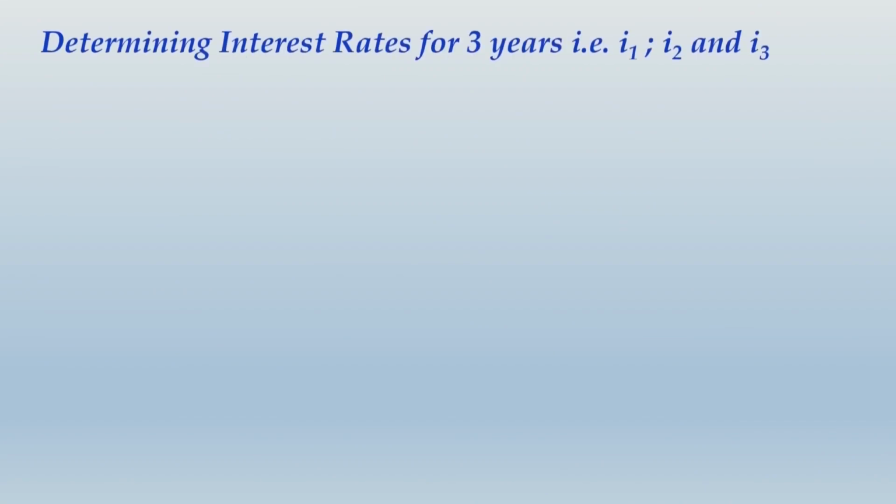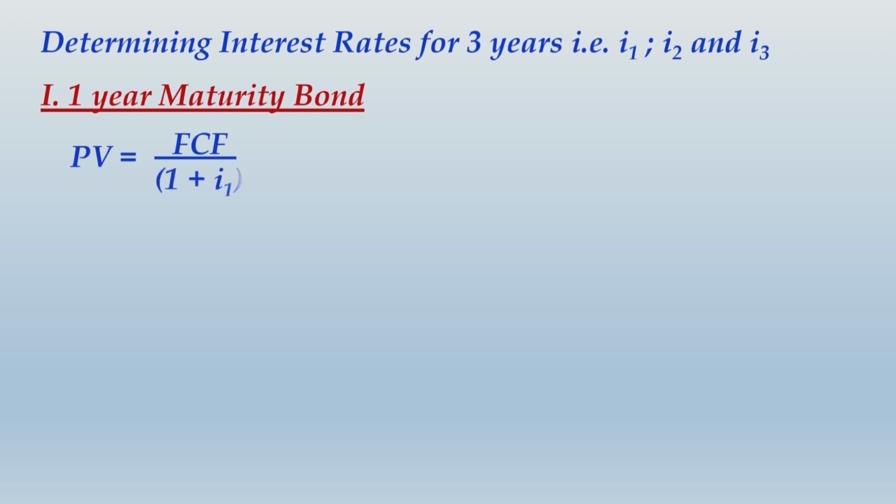In the solution, you will be finding the 3 years' different rates as I1, I2 and I3. So as I said, you will take the 1 year maturity bond first. As per the bond valuation concept, the present value is nothing but the future value divided by 1 plus the desired yield rate. And here, because it is a 1 year maturity bond, the interest rate for year 1 we have taken as I1.